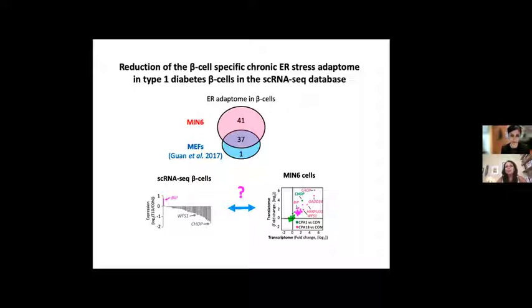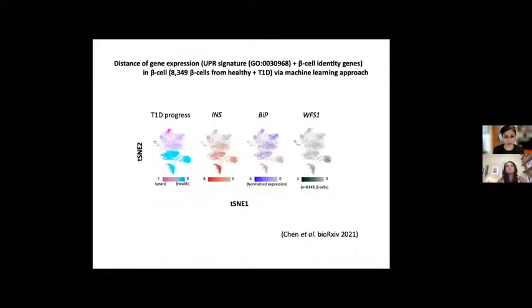This is in contrast with the MIN6 cells that show upregulation during the adaptation phase to ER stress. So we can conclude from this that the data are consistent with T1D having a failure of adaptation and a decrease of beta cell function genes.